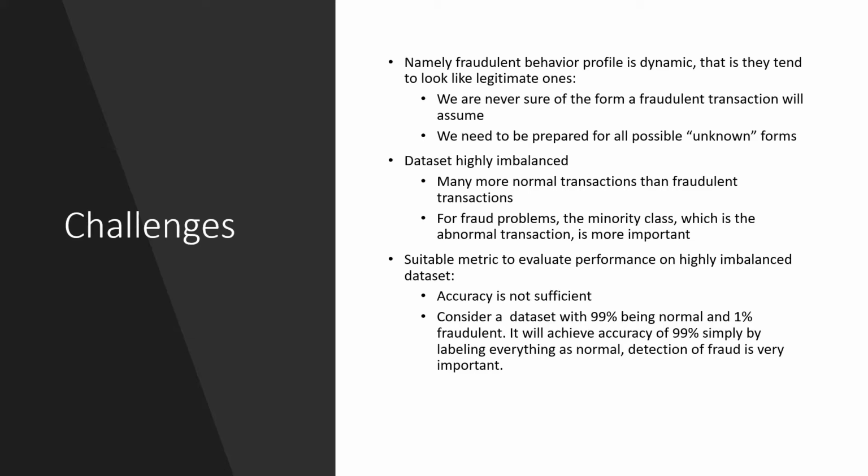I mean, it actually missed all the fraudulent ones. It didn't detect the fraud. So we can see how the metric is very important. We need an actual good metric to tell whether the model is doing well or not. We want to really focus on the 1% fraudulent.